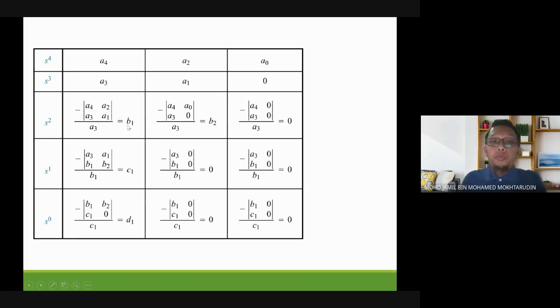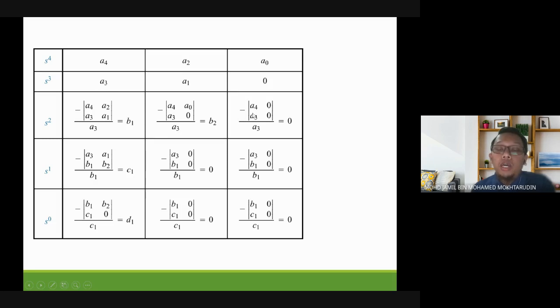The way I memorize it is: negative determinant of the two top rows, a4, a3, and the next column, a2, a1, divided by the value of the row above, a3. And then the next column, negative determinant of a4, a3, and the next column, a0, 0, divided by the value of the row above, which is a3.